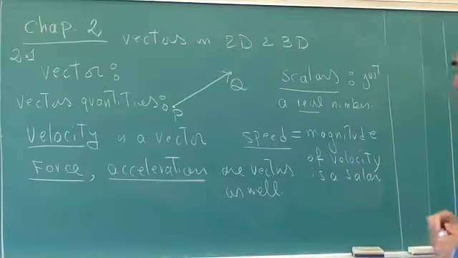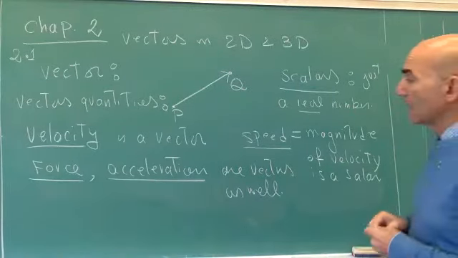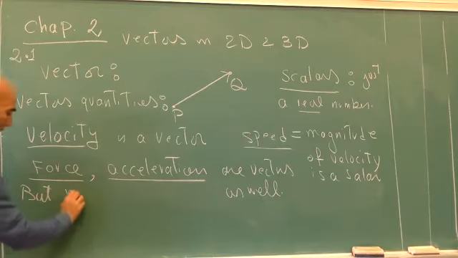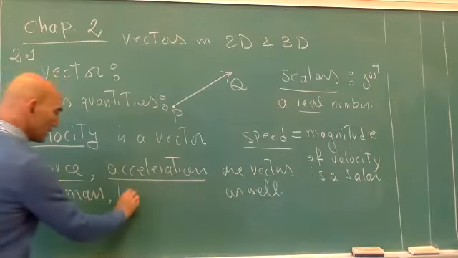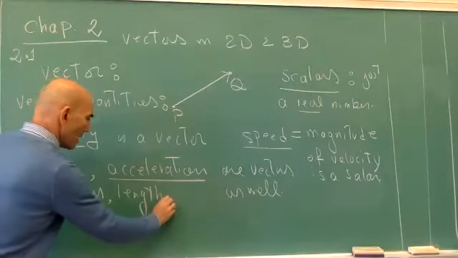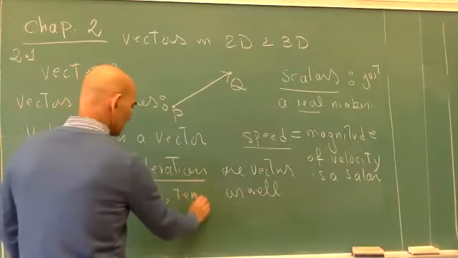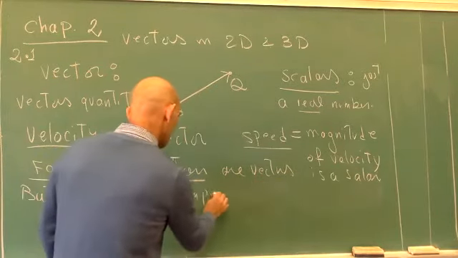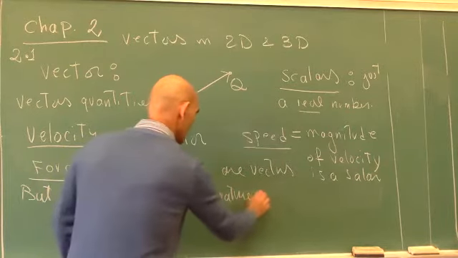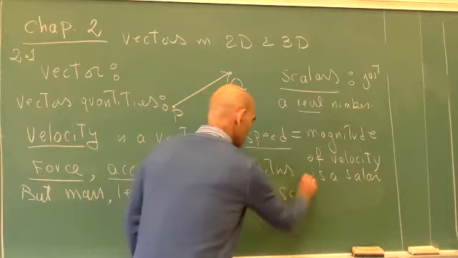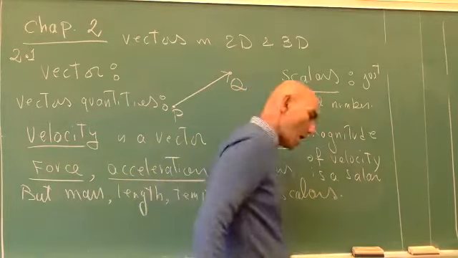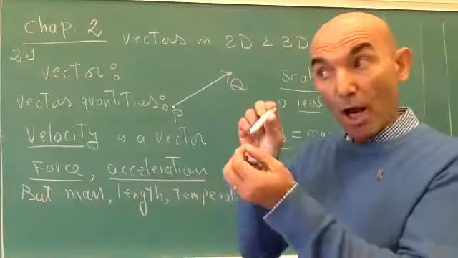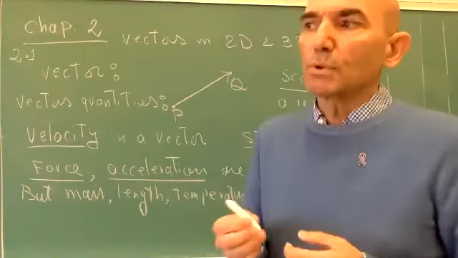Okay. Now, scalar quantities, like mass, for example, length, temperature, are scalars. So to specify temperature in this room, at least at each point, at each moment of time, you don't need to give me the direction.